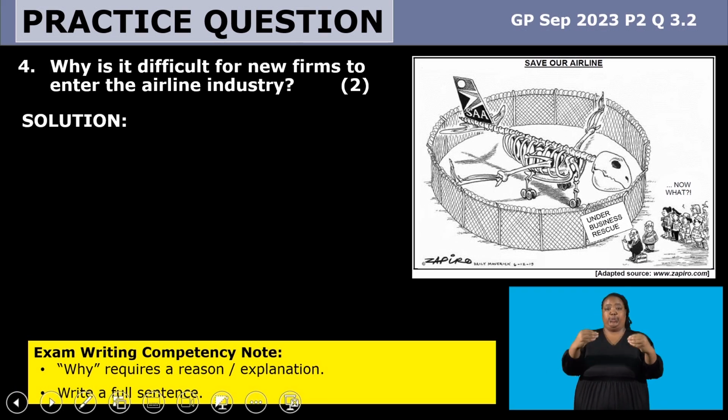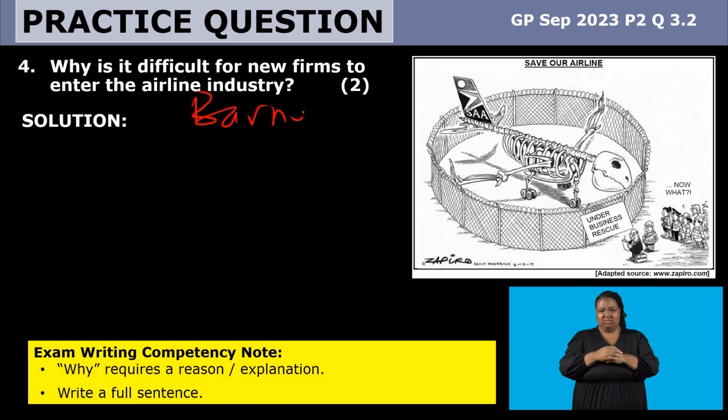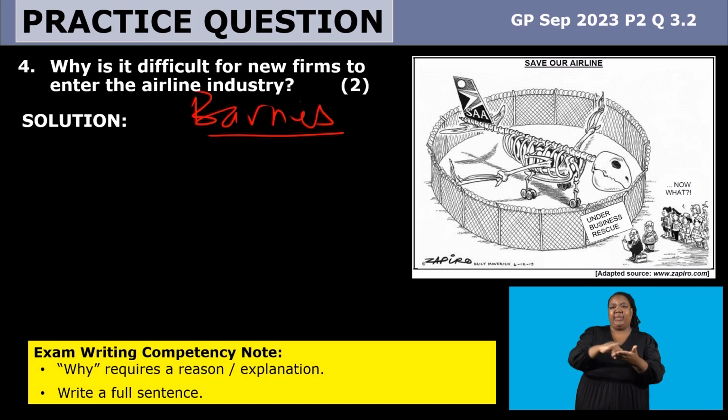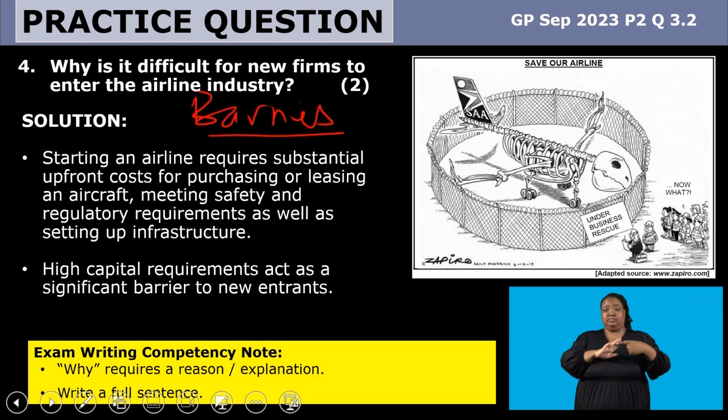Why is it difficult for new firms to enter the airline industry? So indirectly, the question is asking about the what? The barriers to entry into this market. What makes it difficult for new entrants to enter into this market? What are the barriers associated with that? 1, starting an airline requires a substantial upfront cost.